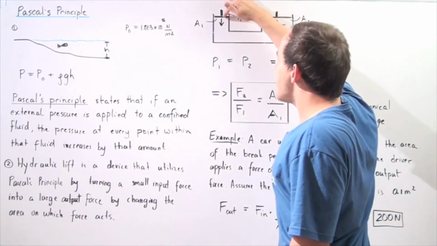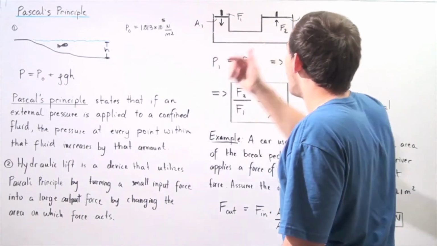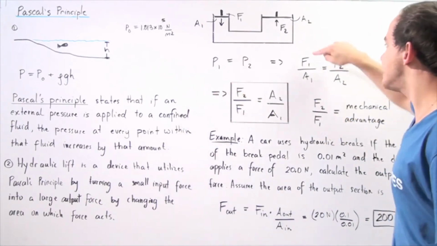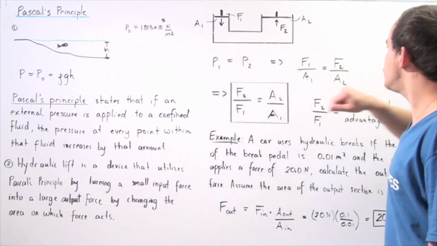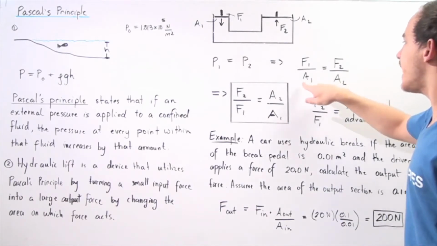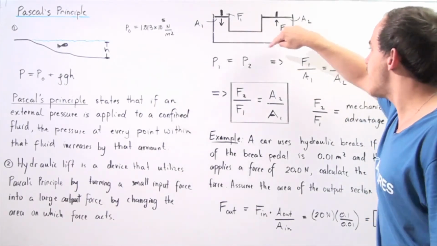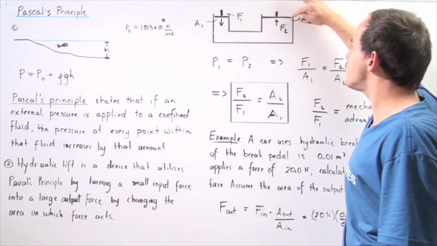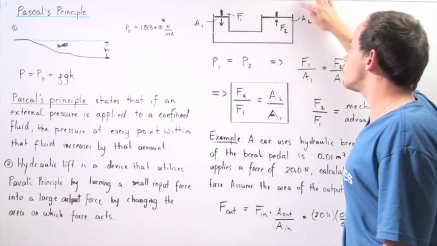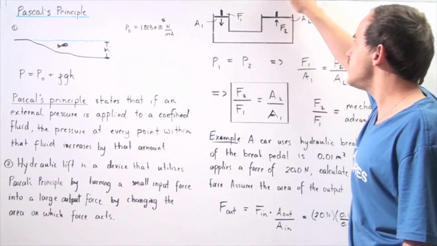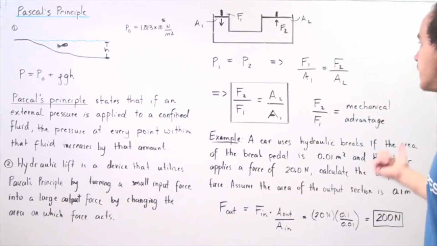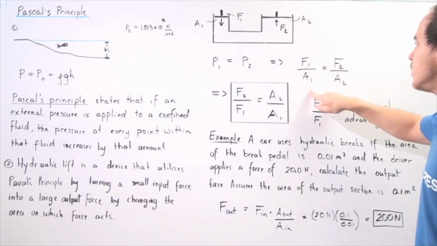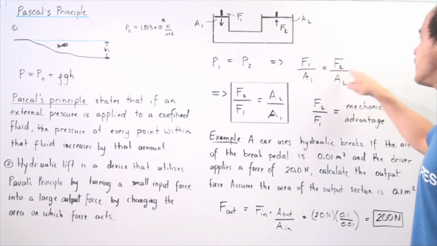Now, notice that the area of this piston, A1, is smaller than the area of this piston, A2. And because P1 is F1 divided by A1, and P2 is F2 divided by A2, where A1 and A2 are the respective areas, and F1 and F2 are the respective forces, if we increase the area of this piston, that means we also have to increase the force that this piston feels by the same proportional amount, because P1 is equal to P2, and that means the ratio of force 1 to area 1 is equal to the ratio of force 2 divided by area 2.